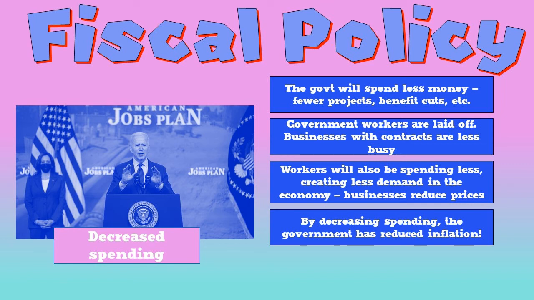Workers who were working on these projects are going to be spending less money. There's going to be less total demand in the economy. And just like we said a minute ago, the businesses are going to end up reducing prices to try to encourage business. And so when the government decreases its spending here, they have forced the businesses to reduce their prices, which means that the government has reduced inflation.